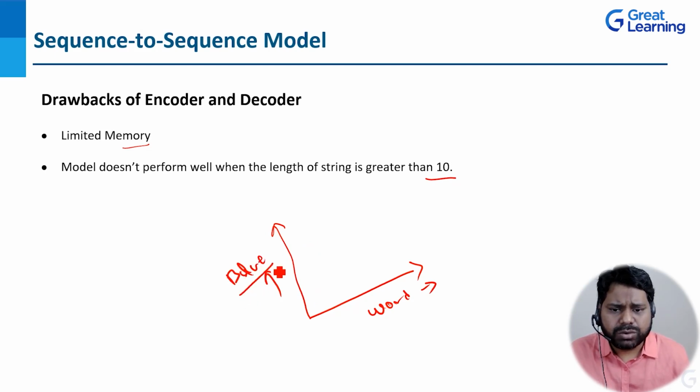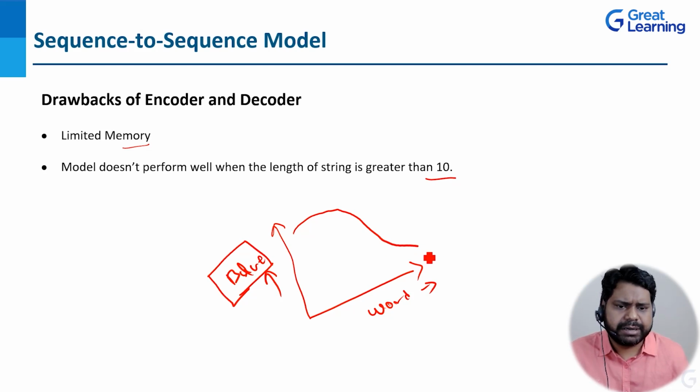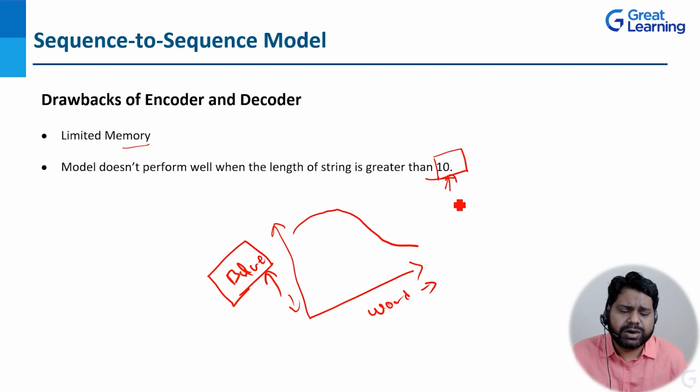The BLEU score is the parameter with which we can judge the performance of any encoder decoder based model for machine translation. After performing various research, they found out that if the word length is 10 or greater, it does not perform well.